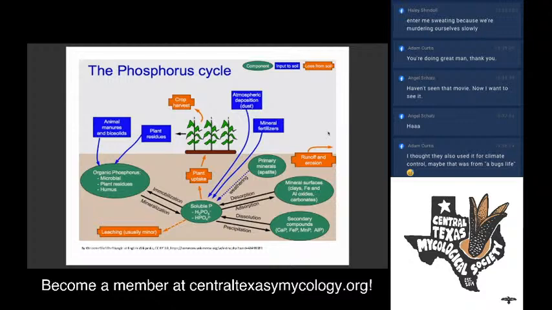They would go and mine these islands that were basically these rocks in the ocean that were just covered in bird poop, and they would harvest that for the guano because it was very phosphorus rich.